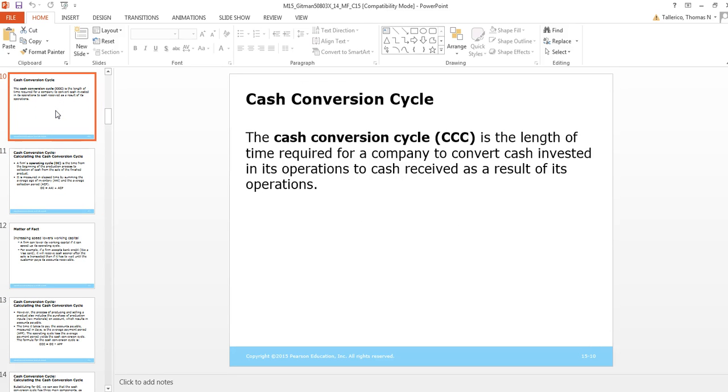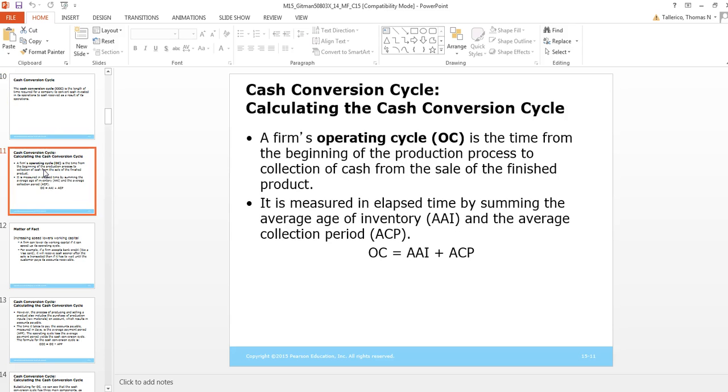So here's the definition again, and here's the equation for the operating cycle. There are two equations that will be brought together to give you the cash conversion cycle. The first one is the operating cycle, and this is the time from the beginning of the production process to the collection of cash from the sale of the finished product. If you were running a business, you would start producing something, and the question is, how long would it take you to get the money?